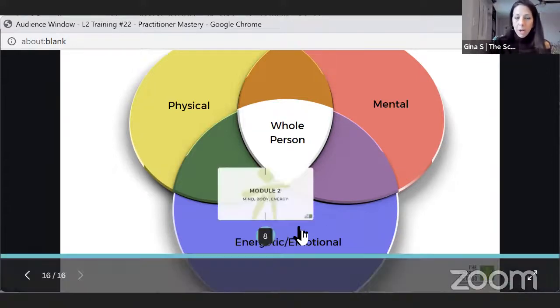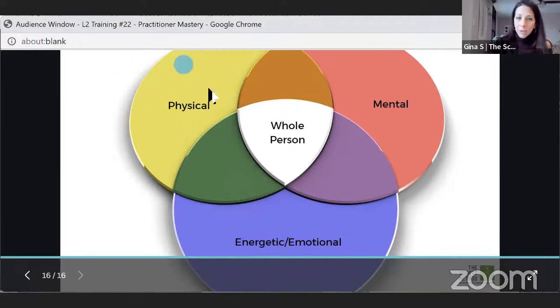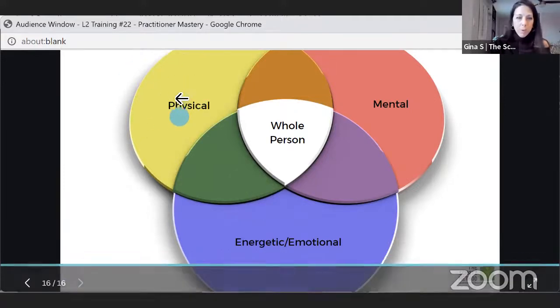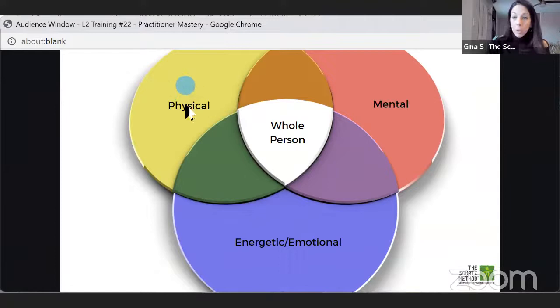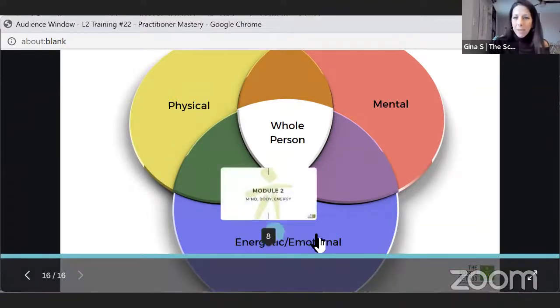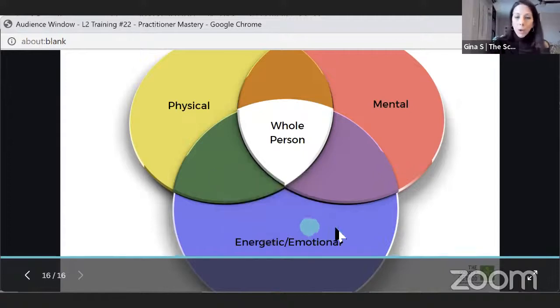So if I look at the Venn diagram again, here's my physical, right? Here's my relationship to my spine health and my knee replacement and my foot pain, okay? How I feel about that. I'm getting older. Oh, I have arthritis. It's hereditary. It runs in my family. There's a crossover between those two.